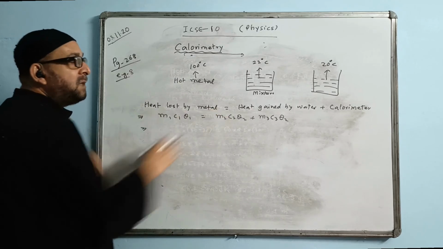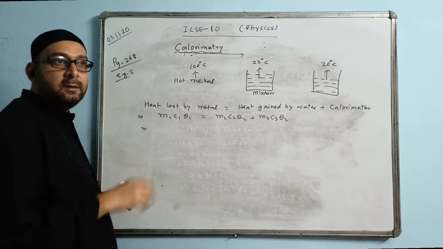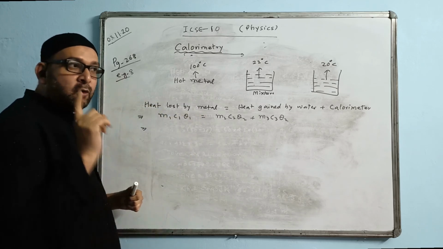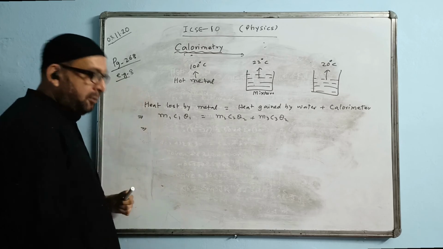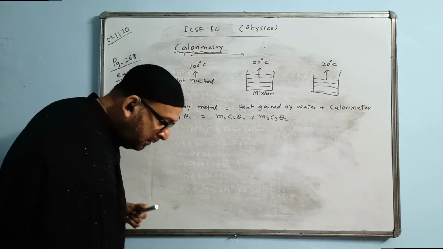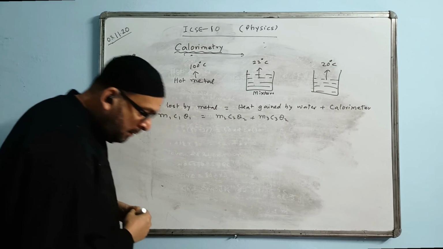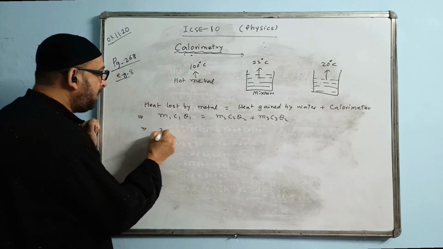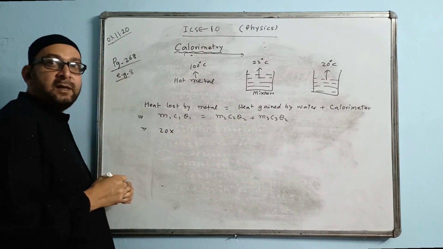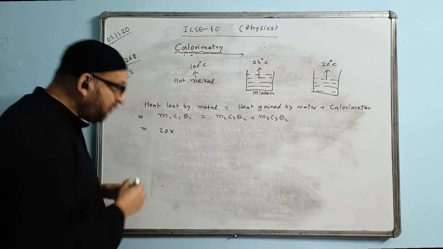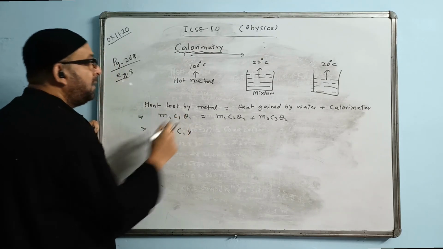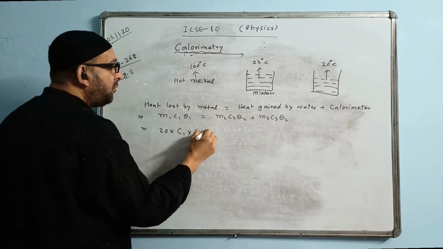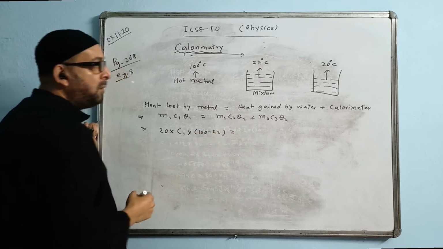Now in this equation, maybe an unknown thing is there, the value which is not given, and the question must be asking me to find that. Let us see what is given and what we have to find. Mass of the metal given is 20 gram. C1, the specific heat capacity of the metal, we have to find. Theta 1 is the temperature difference, 100 minus 22.